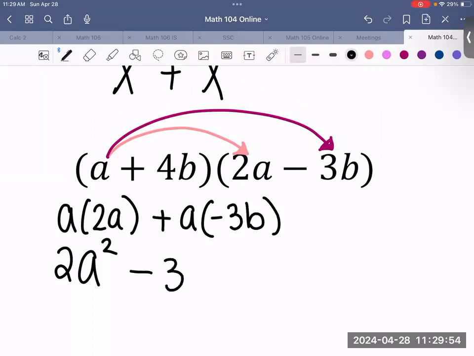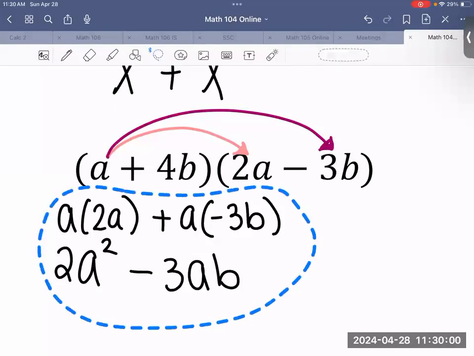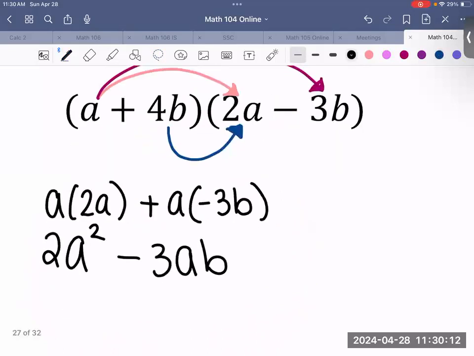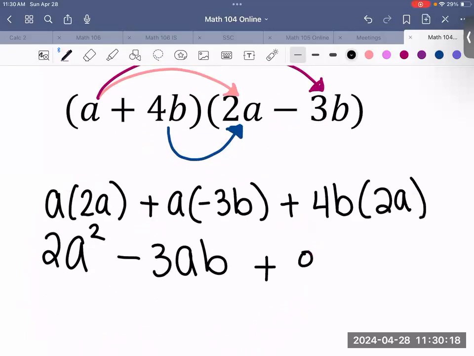So then we can combine A and B just to be next to each other. And I'm actually going to scooch this down a little bit so I can make my little rainbows. All right, your next term, that was all of A. Now let's try your second term. Your two inner terms get multiplied together. 4B times 2A, which can combine into 8AB.